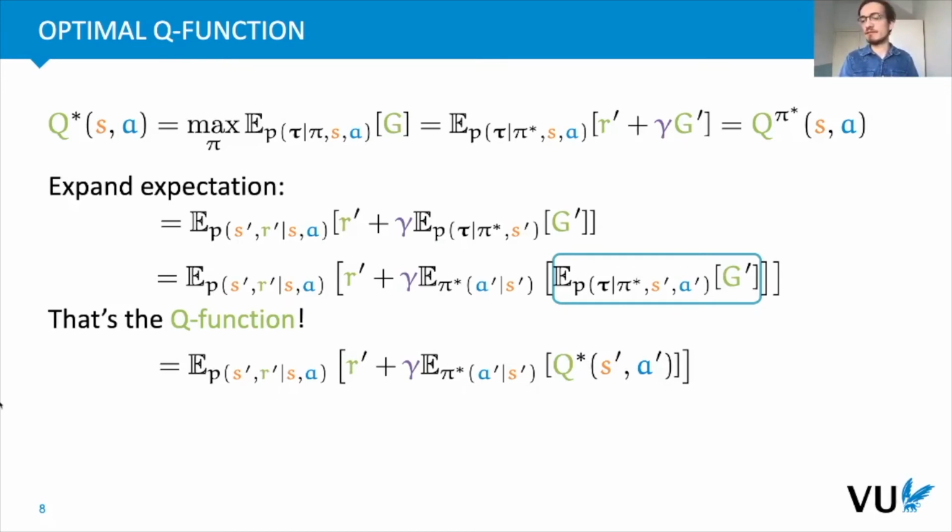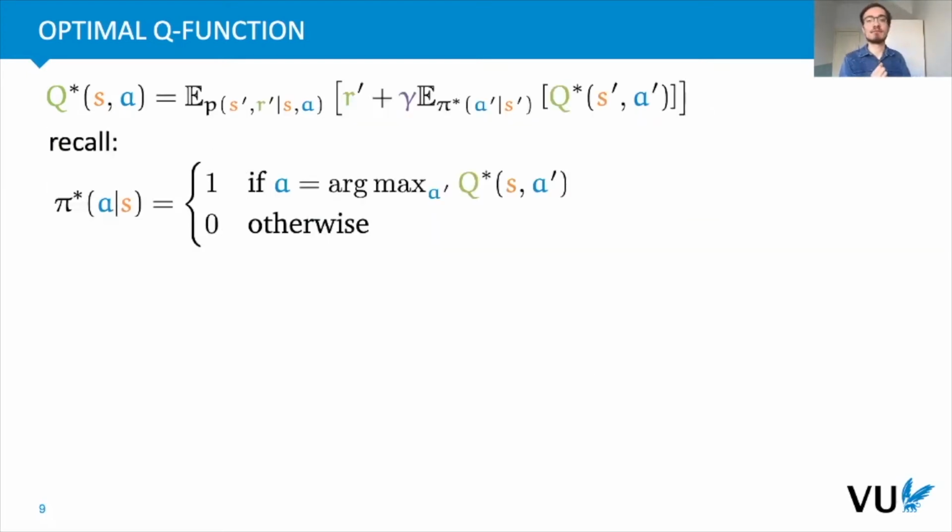And then we have this very nice recursive computation, where we first sample the state and the reward from the first state and action to get the next reward and the next state as well. And then we compute the discounted reward to go in the next state by taking first an action from the optimal policy and computing then what's the Q value of the optimal policy in that state if you take that action.